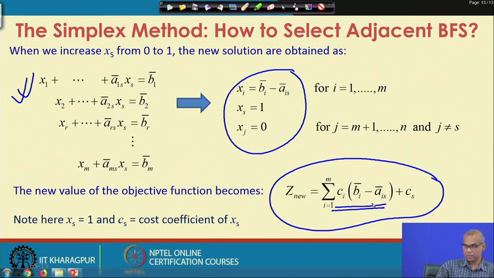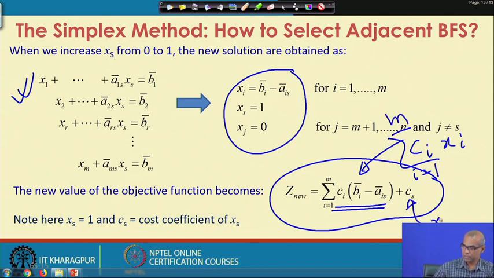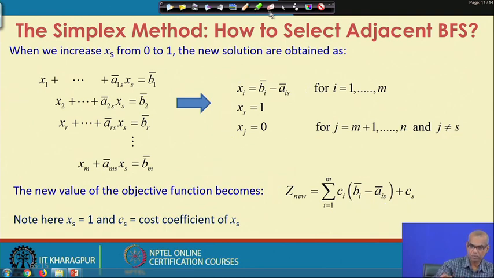So, basically these are Ci into xi for all i equal to 1 to m, and then this is xs into cs, where cs is the cost coefficient of xs, but xs equal to 1. So, Cs into xs is the same as Cs. So, we now get the new value of the objective function.